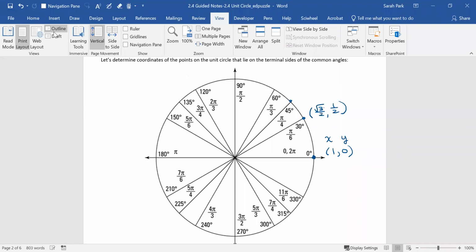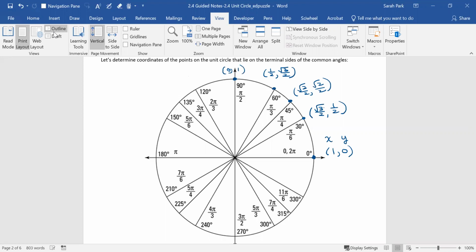At 45 degrees, the x value is root 2 over 2, and the y value is also root 2 over 2. At 60 degrees, or pi over 3, the x value is 1/2, the y value is root 3 over 2. At 90 degrees, the x value is 0. The y value is 1.